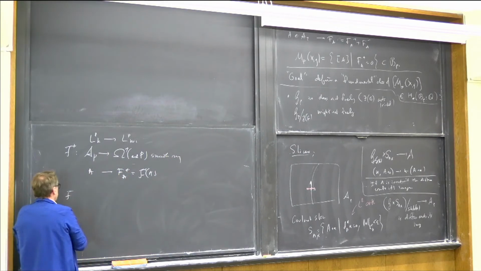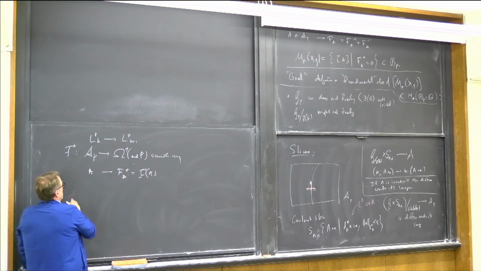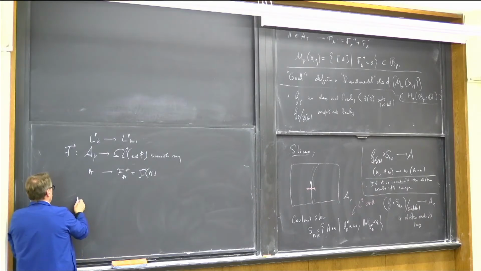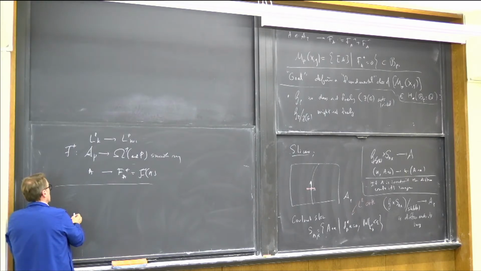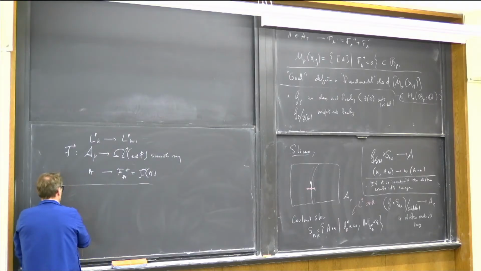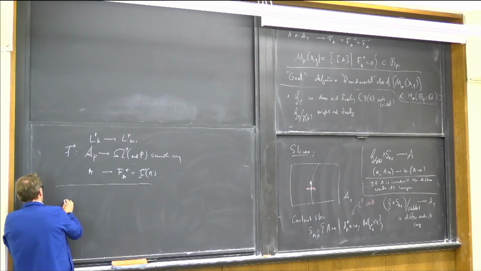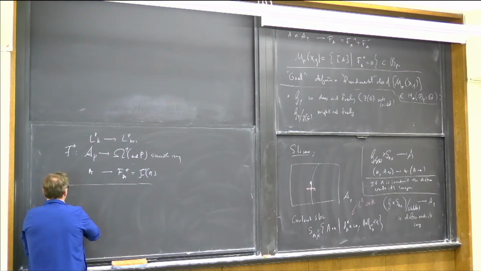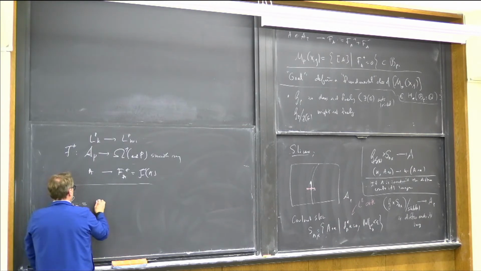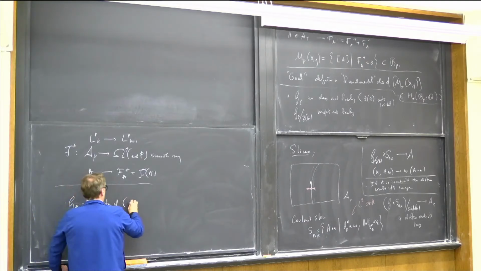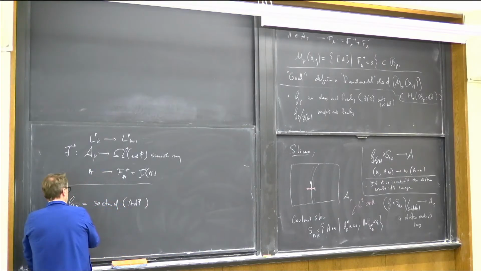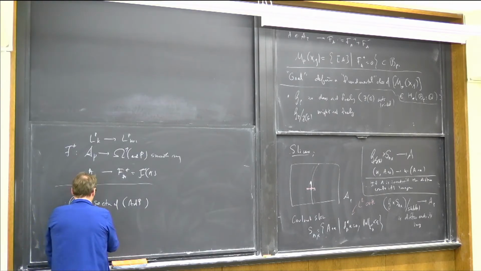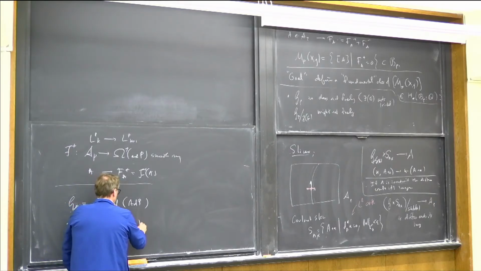And the fundamental observation here is that if I look at, remember, the tangent space to the gauge group, remember, gauge transformations are sections of the bundle, capital Ad P, and the tangent space to the gauge group, the Lie algebra of this guy, is sections of the little ad P bundle.